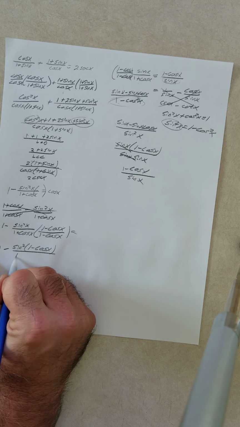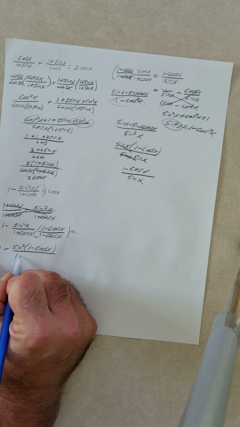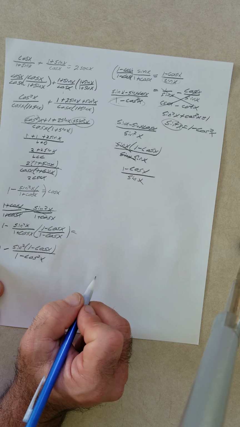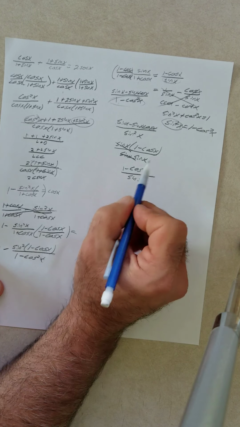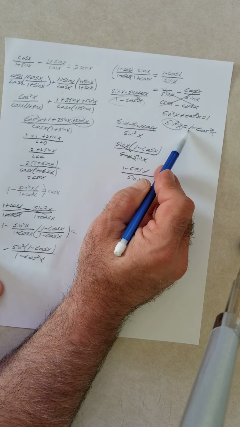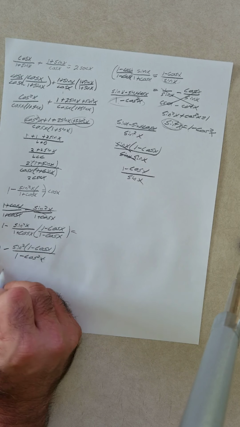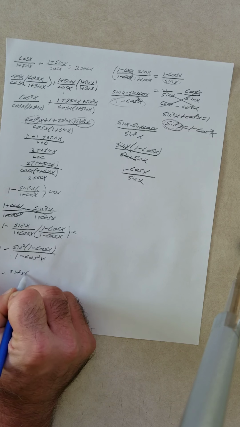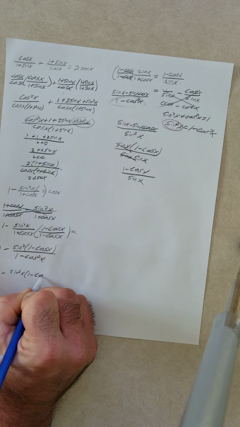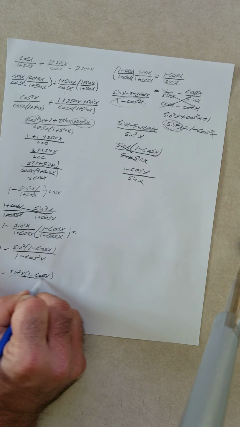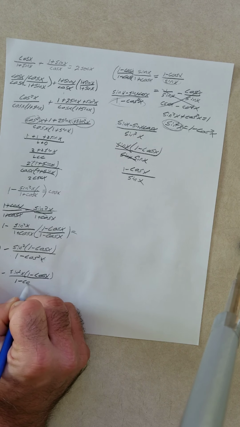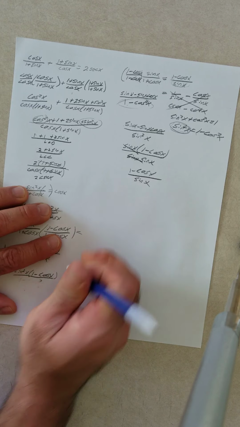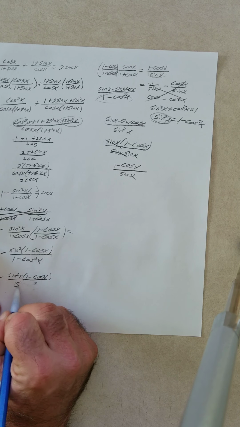Foiling this, 1, inners and outers add to 0, minus cosine squared x. And exactly what we used last time over here, that is sine squared of x. So I'm going to have 1 minus sine squared of x times 1 minus the cosine of x over 1 minus cosine squared, no, sine squared of x.